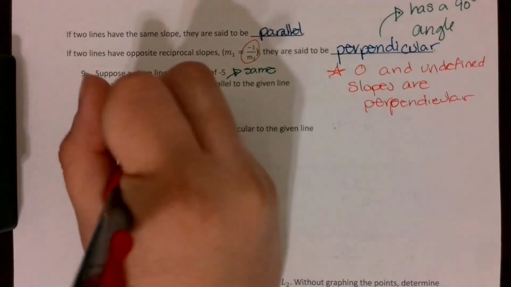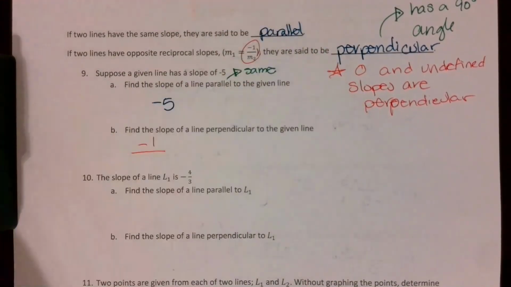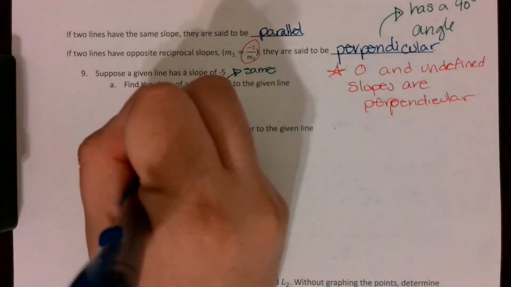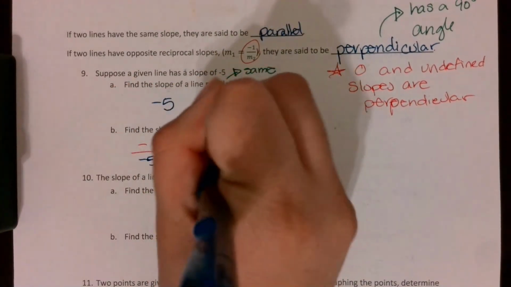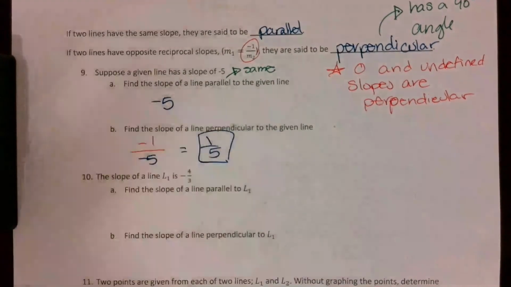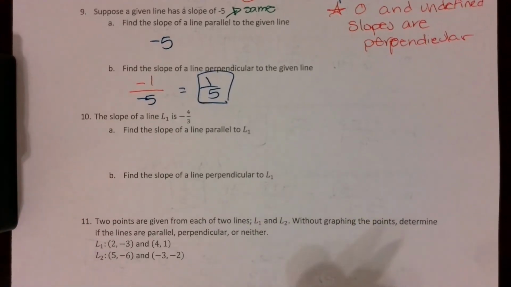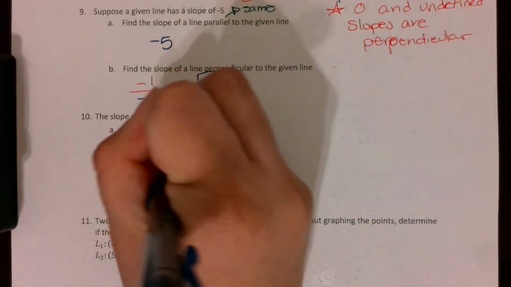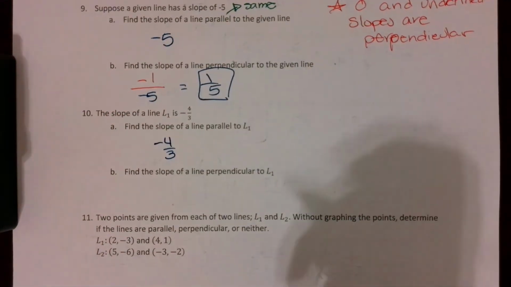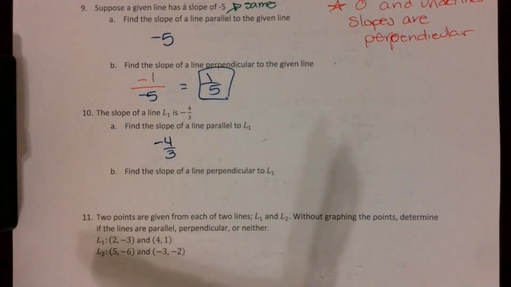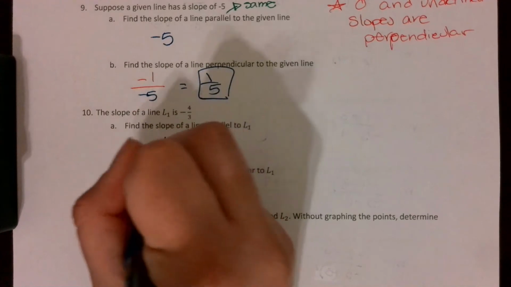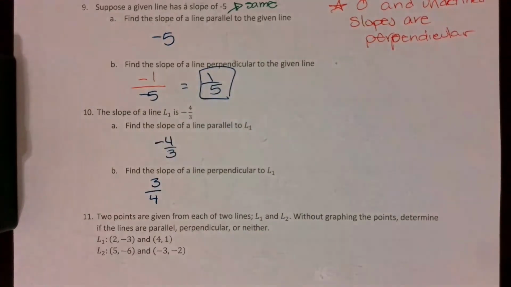I'm going to have -1 over, and then I plug in my slope, -5, which just simplifies to 1/5. Over here, it tells me the slope of a line is -4/3, so parallel is the same, -4/3. The other one is I flip the slope and I change the sign, so it becomes positive, and then 3 and 4 switch places to turn into 3/4.